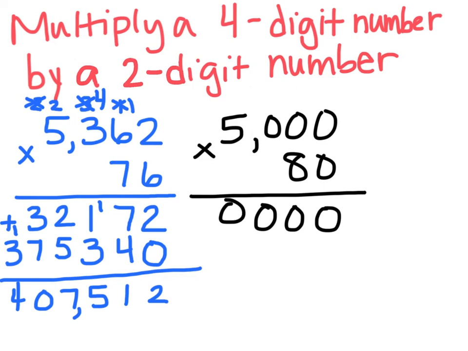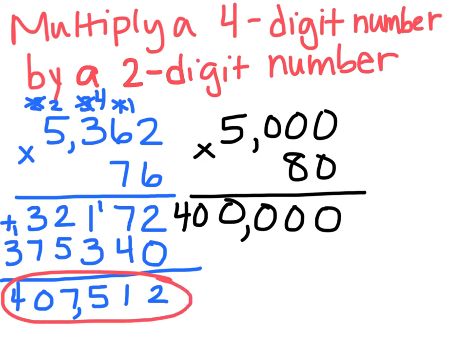And 8 times 5 is 40, giving us an estimated answer of 400,000. 400,000 and 407,512 are close enough together that I feel confident we've done our multiplication correctly and that 407,512 is our correct answer.